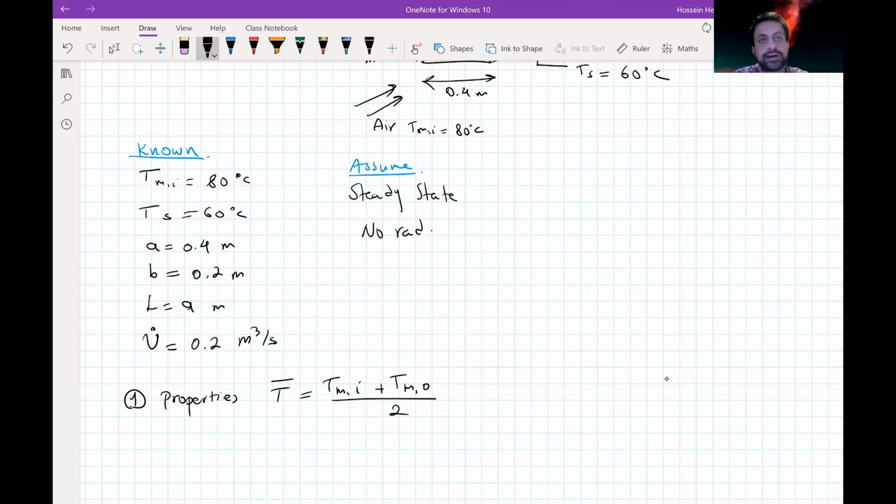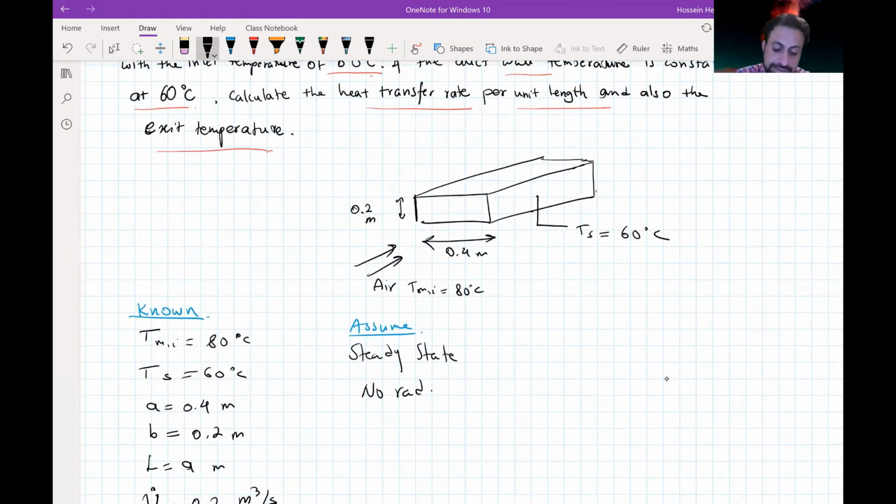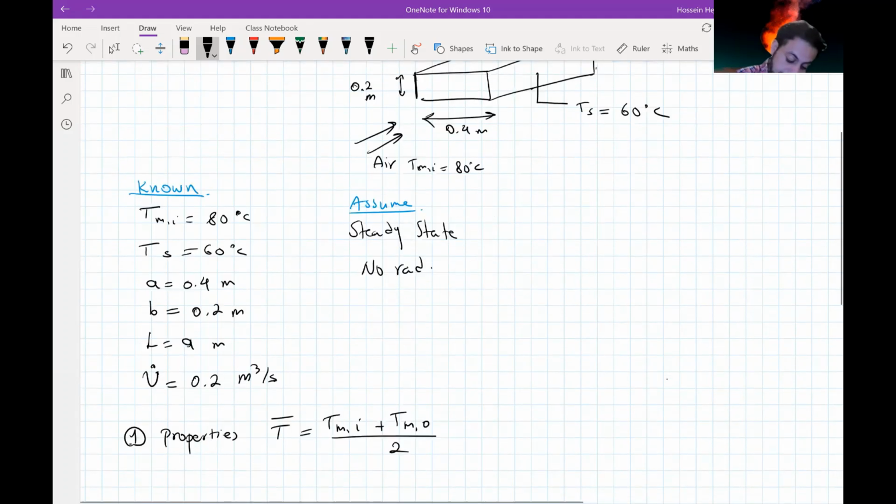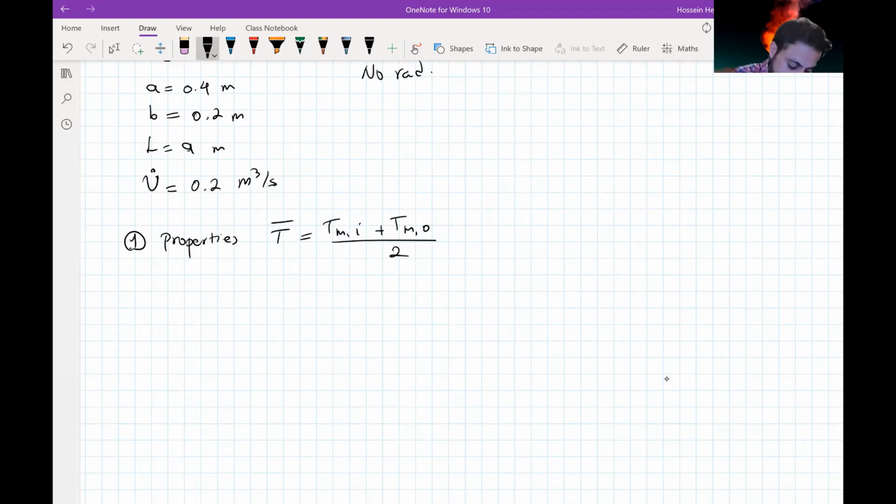Right now we don't have the exit temperature. Air is coming in at 80 degrees C and the wall is at 60, so it's going to lose some heat, and the exit temperature will be between 60 and 80. Since we don't have it, we start with the properties at T_m,i as a first approximation.